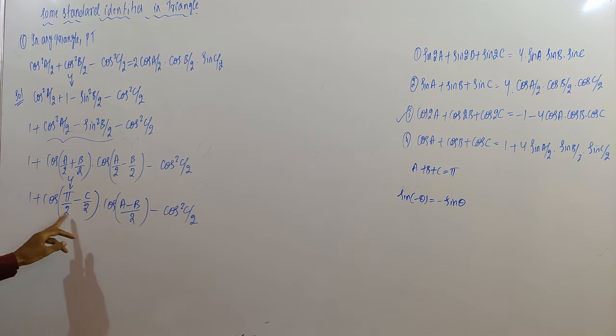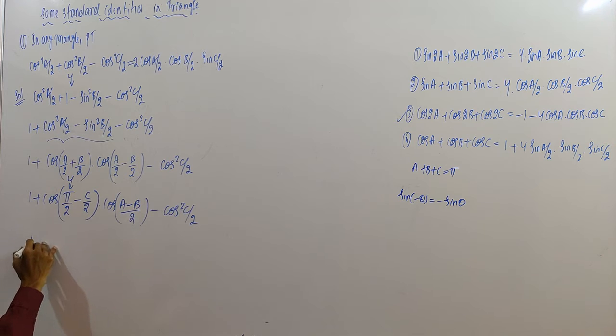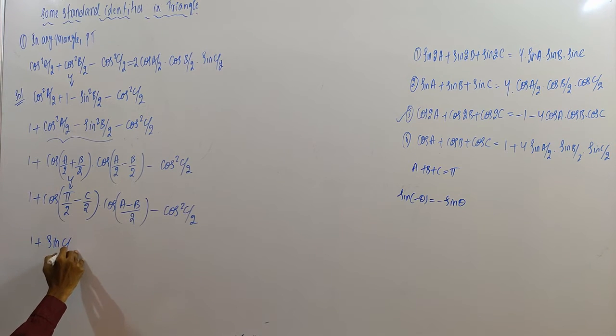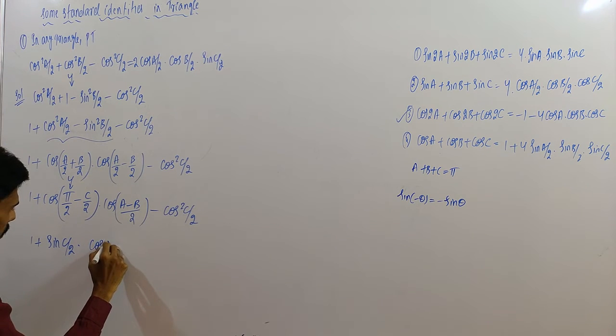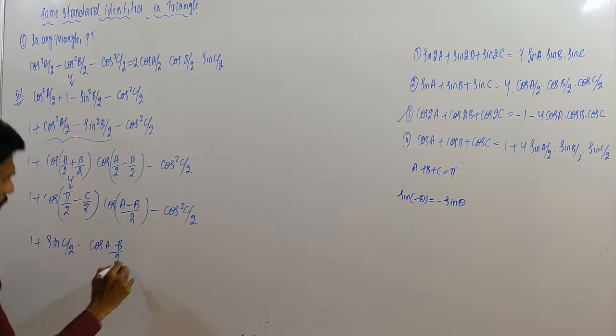Now cos (90 minus theta) is sin theta. So we have 1 plus sin C by 2 cos (A minus B by 2).